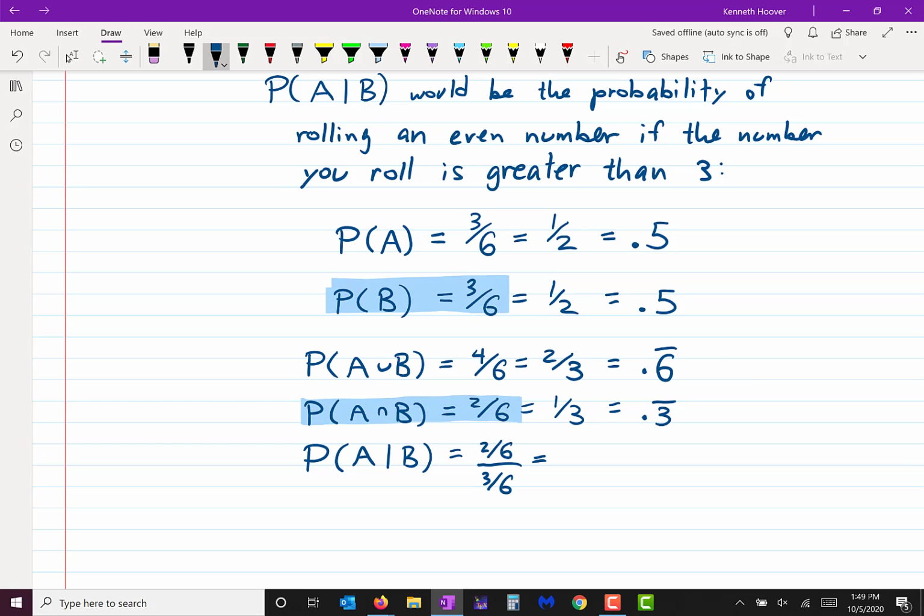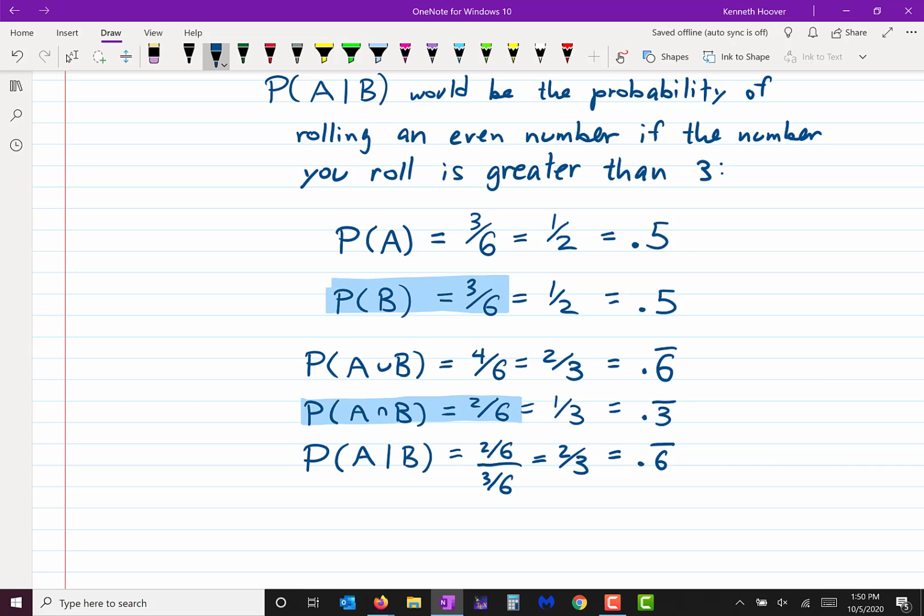The 6's cancel out and we get our 2/3, which is what I had gotten the first time I did that problem. It's just that I had to do that weird explanation of saying change the sample space to B and then do that stuff, okay?